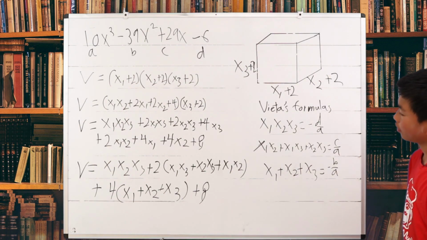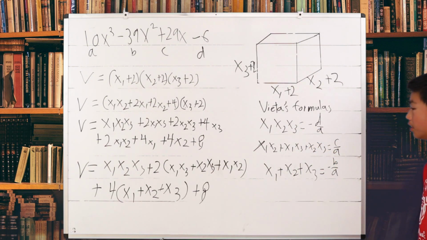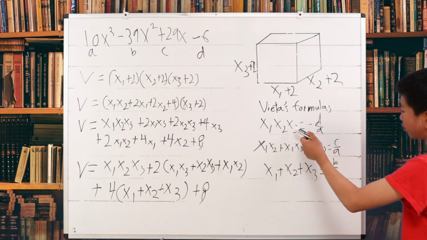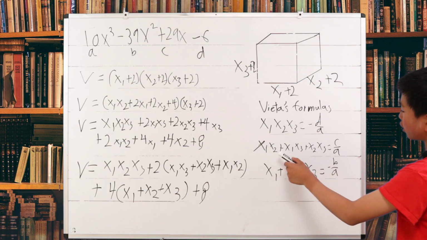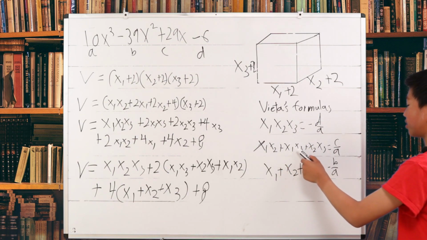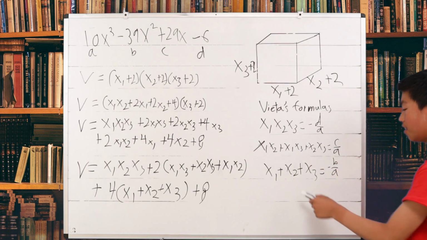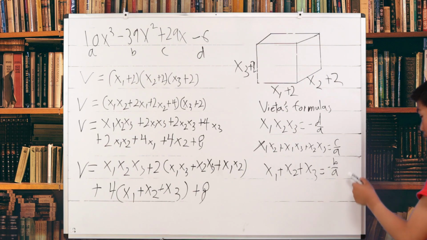Now I have here some of Vieta's formulas that we're going to need. The first one is where x1 times x2 times x3 is negative d over a. x1 times x2 plus x1 times x3 plus x2 times x3 is c over a. And x1 plus x2 plus x3 is negative b over a.